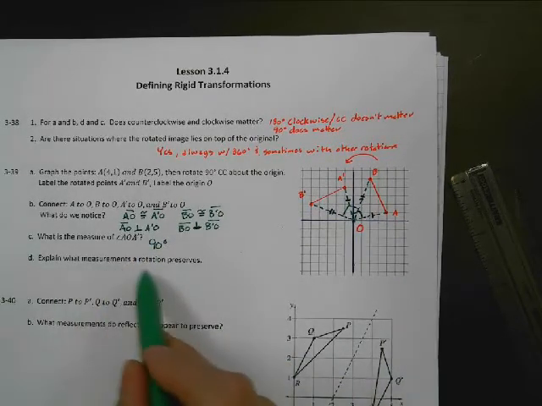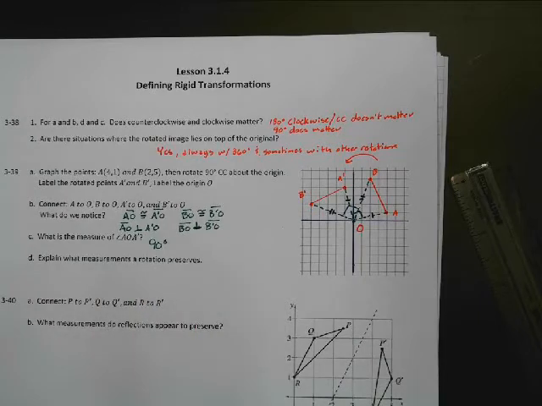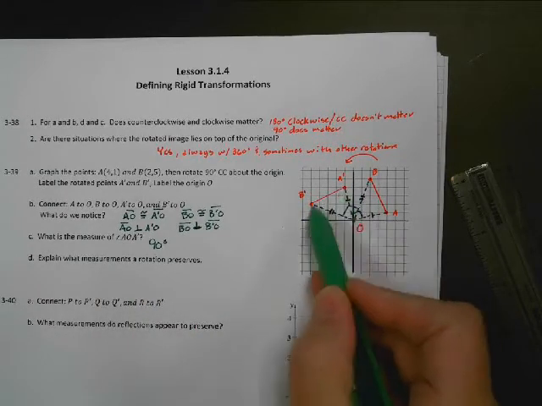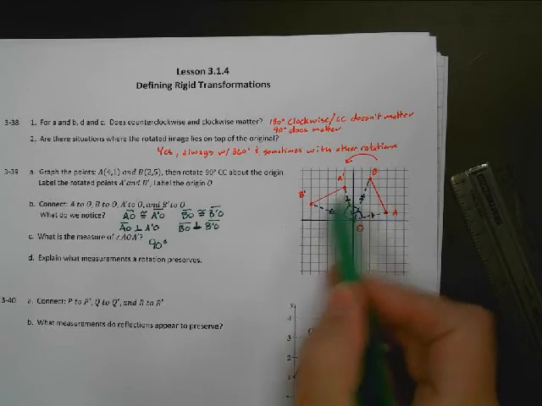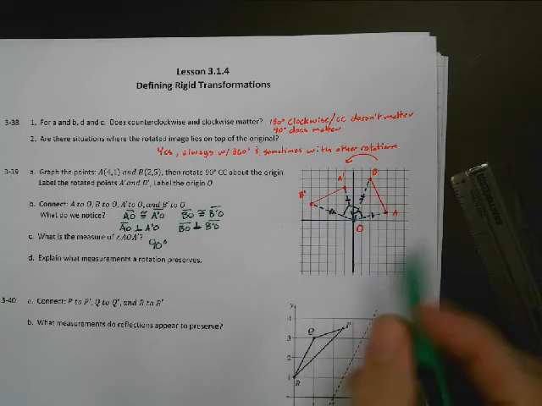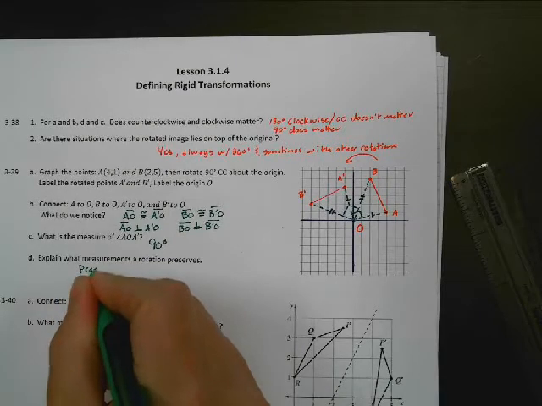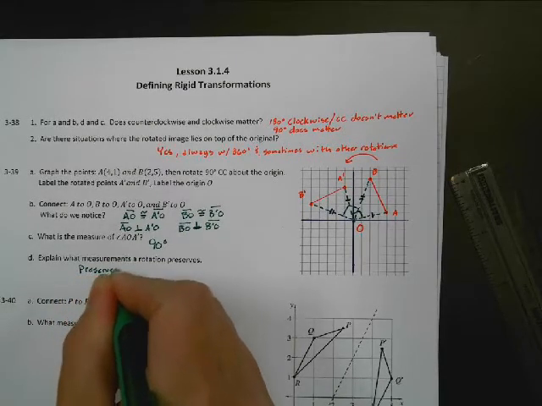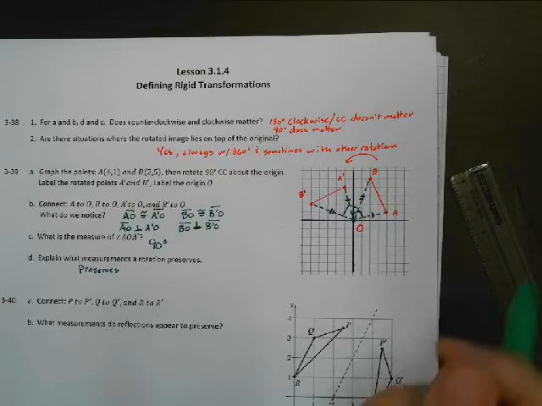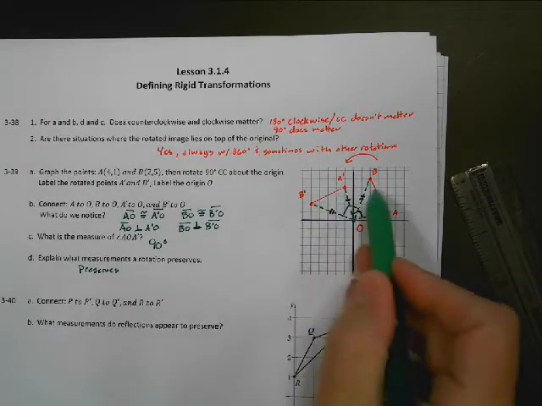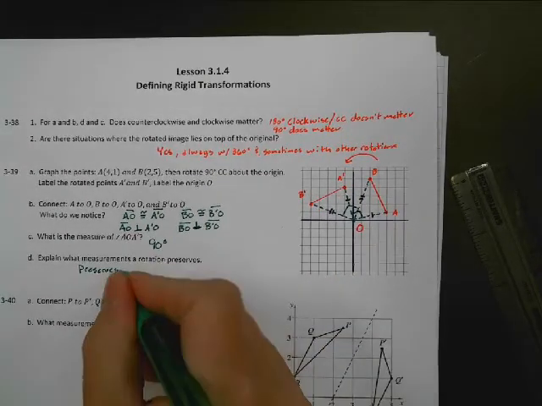Explain what measurements a rotation preserves. Well, I can tell that AB and A prime B prime are the same length. So it preserves, which just means keeps the same, the length of the segment being rotated.